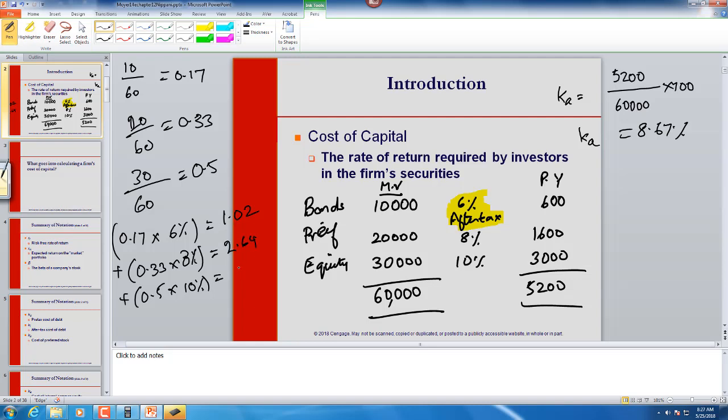And this is, of course, 5. Now you add them up: 8.66. Well, it should be 8.67 rounding up. The answer that you get here is the same as the answer you get the other way. You can do it either way. I don't care as long as you get the right answer, and more importantly, as long as you understand the concept. Now, that's cost of capital.